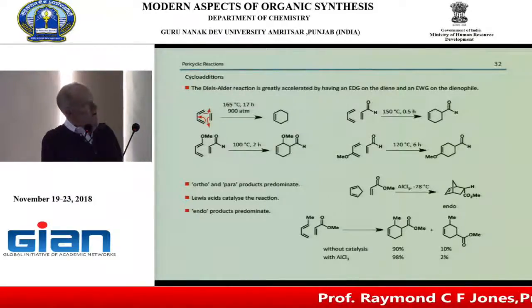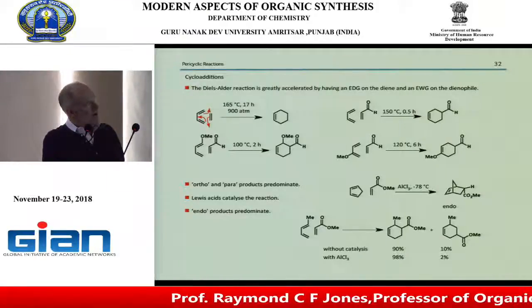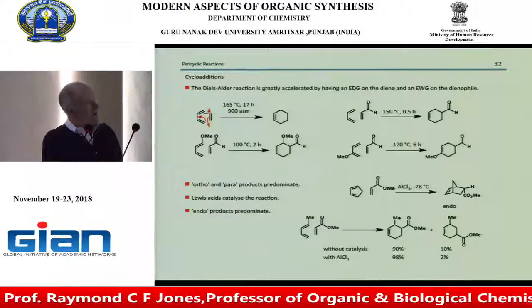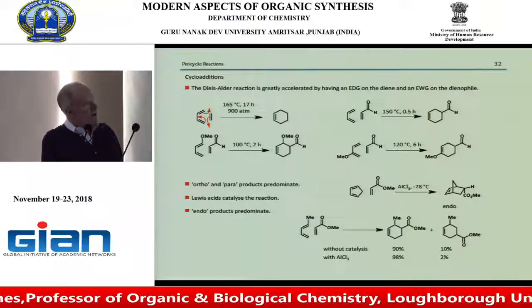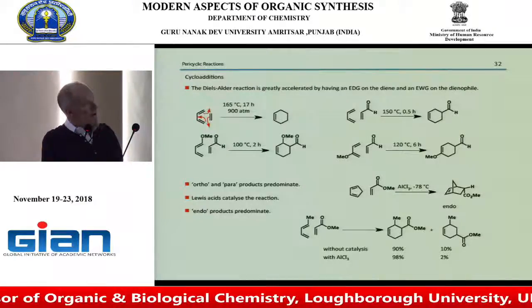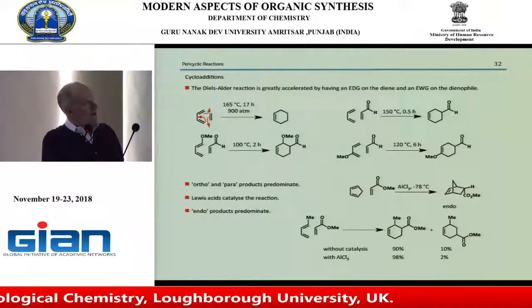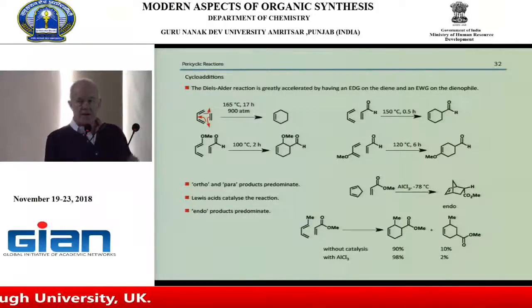So a donor group, like a methoxy group, where you have a lone pair of electrons that can donate in through resonance delocalization into the diene, and a withdrawing group here, a carbonyl that can both inductively and through resonance withdraw from the alkene. This reaction is an effective reaction. It's now going at just 100 degrees in a couple of hours and no need for high pressure.